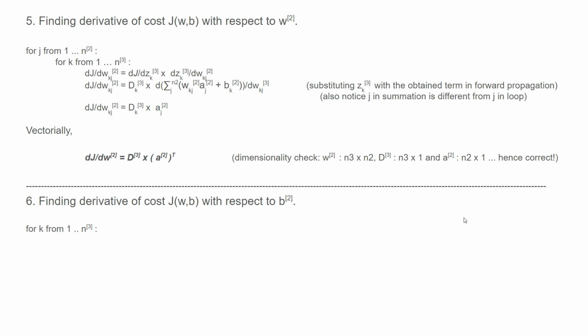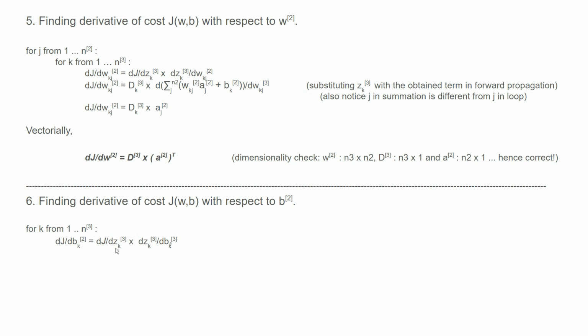Finding the derivative of cost J(w, b) with respect to b2. For k from 1 to n3, dJ by db_k2 equals dJ by dz_k3 cross dz_k3 by db_k2. Just applying the chain rule here, since there are n3 elements in b2, we iterate for k from 1 to n3 and apply the chain rule.